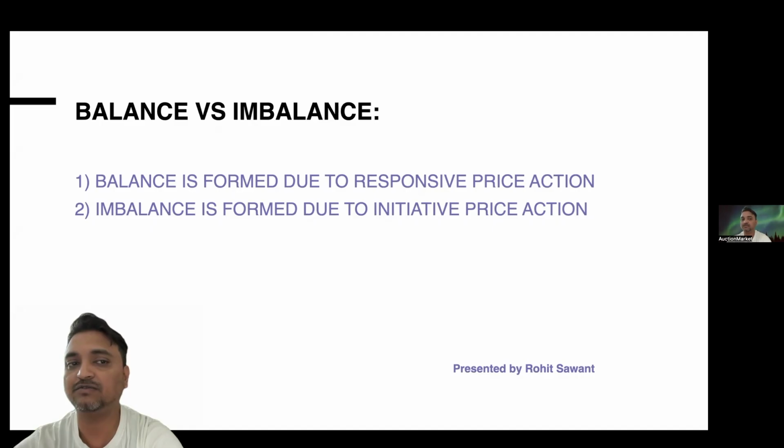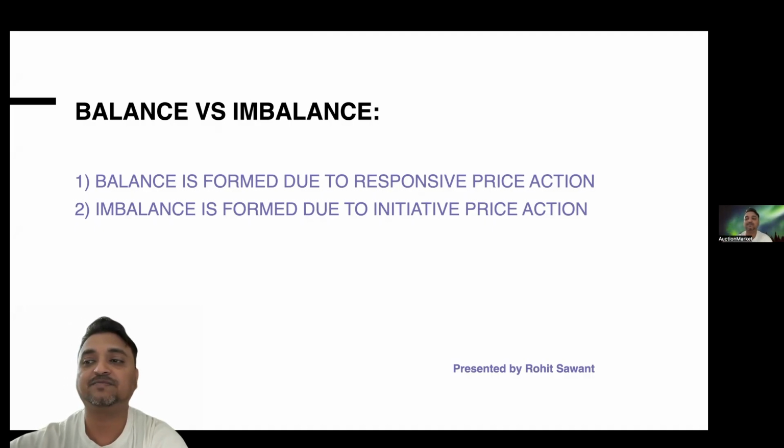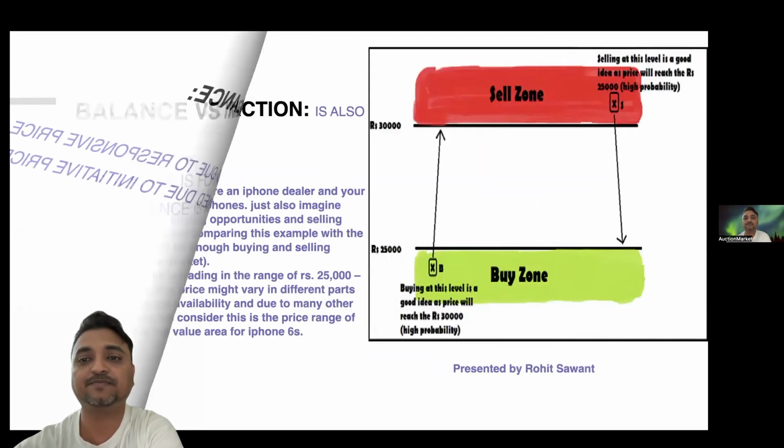You make a note of this. And imbalancing is formed due to initiative price action. What exactly is responsive price action and what exactly is initiative price action? That we will discuss in the next slide.